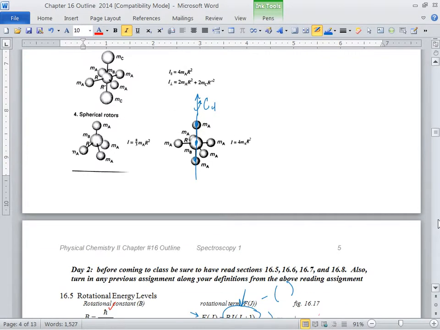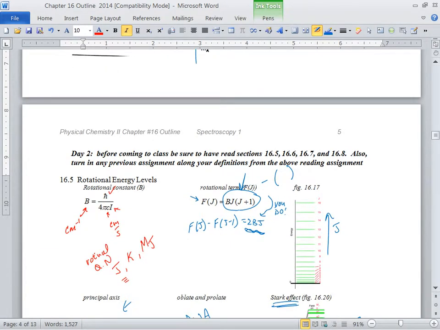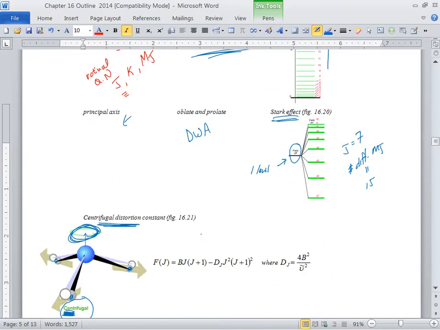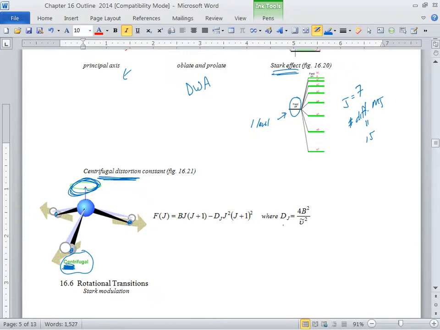Well, if they aren't rigid rotors, that means this equation's all messed up. So they throw in a little fudge factor here, the distortion constant. That's what that D sub J is. So your spacing between energy levels, if you have centrifugal distortion going on, is that.